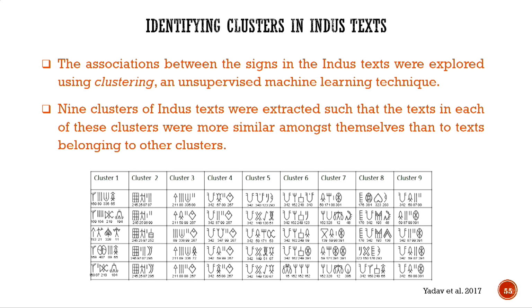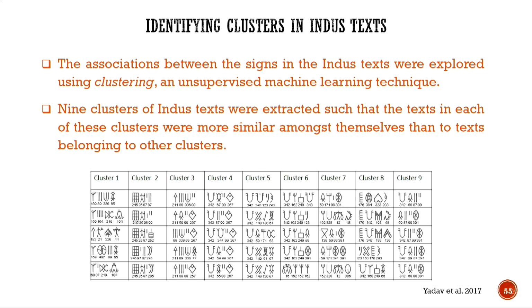The frequent sequences of these clusters are shown over here. Clearly, you can see there are signs and sign groups which seem to have an affinity to a particular cluster. So, this sign, for example, seems to have an affinity to cluster 2. This ender seems to have affinity to cluster 3, and so on.